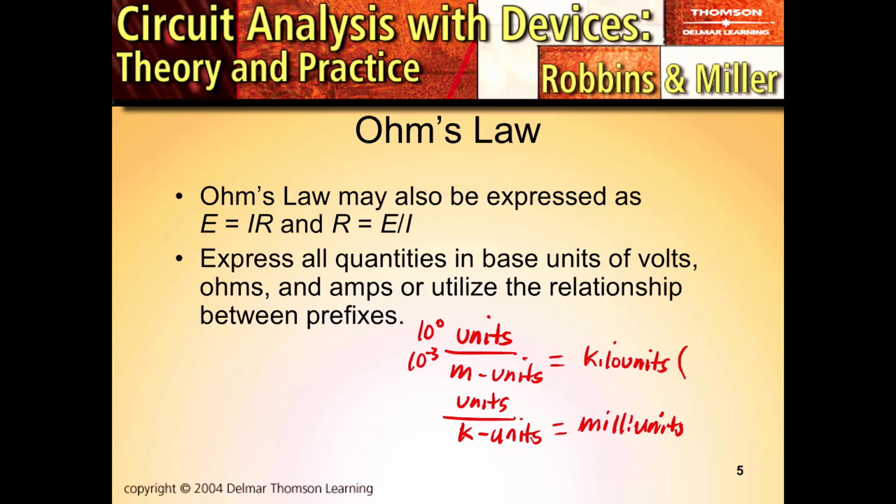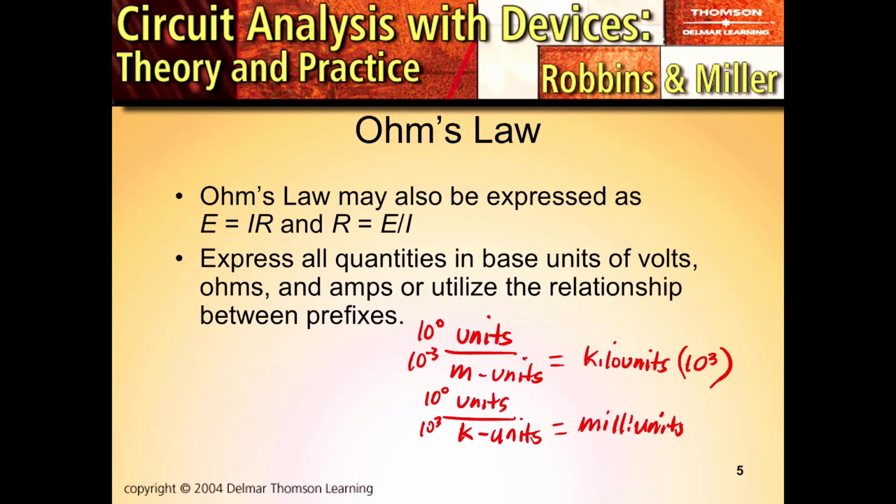The result is going to be, when you divide your powers of 10, a subtraction. So minus 3 turns into a plus 3, and you have your kilo units. When you look at here, 10 to the 0, 10 to the plus 3.